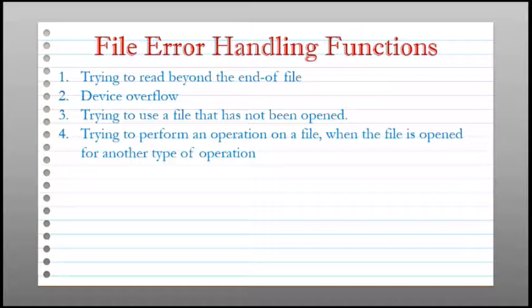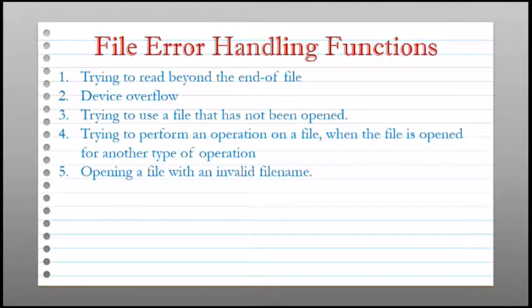That means we can only read that file. If we try to write in that file, it is not possible, and this kind of error can occur. Similarly, if you have opened a file in write mode, then you cannot read that file.